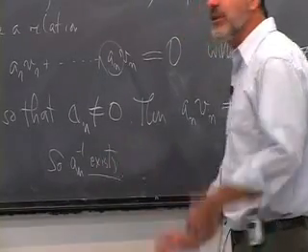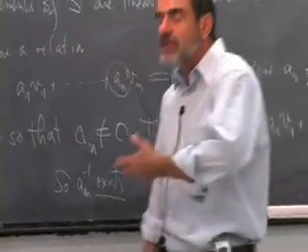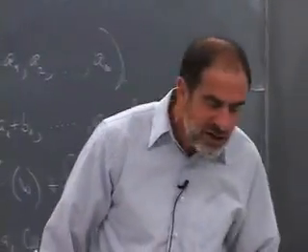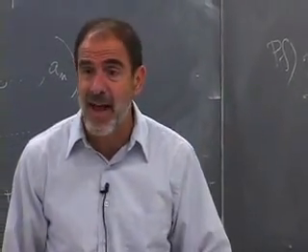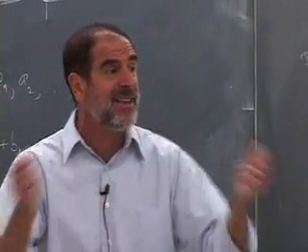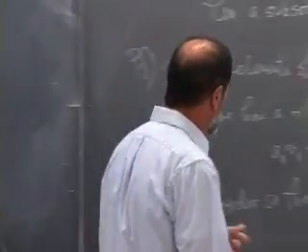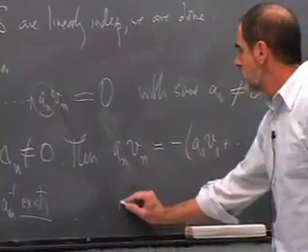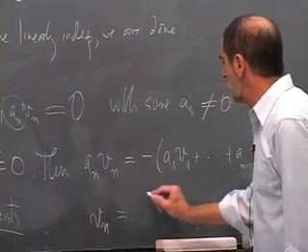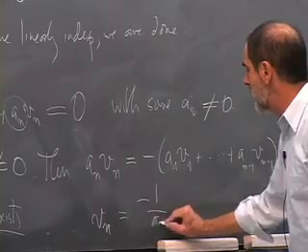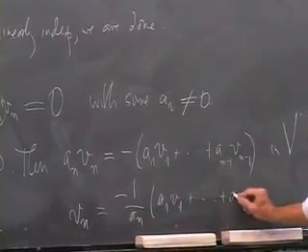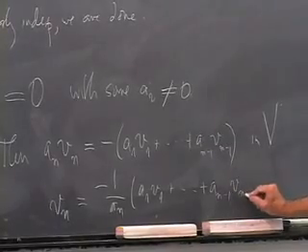If you look at all the linear algebra you did over R and C, this is the only thing you're really using about it. You're not using the fact that you have convergent Cauchy sequences in the reals or anything like that. You're just using that a non-zero element has an inverse. So an inverse exists. Multiply by an inverse, and you get vn is equal to minus 1 over an times (a1 v1 plus ... plus a(n-1) v(n-1)).